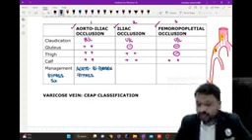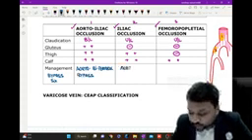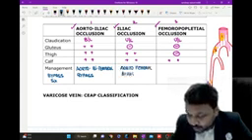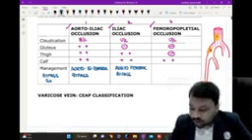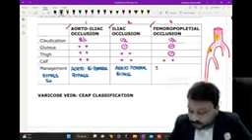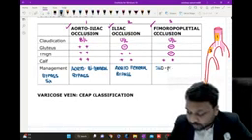Here I will only go ahead with femoral bypass. For femoropopliteal occlusion, I will go with iliopopliteal bypass.